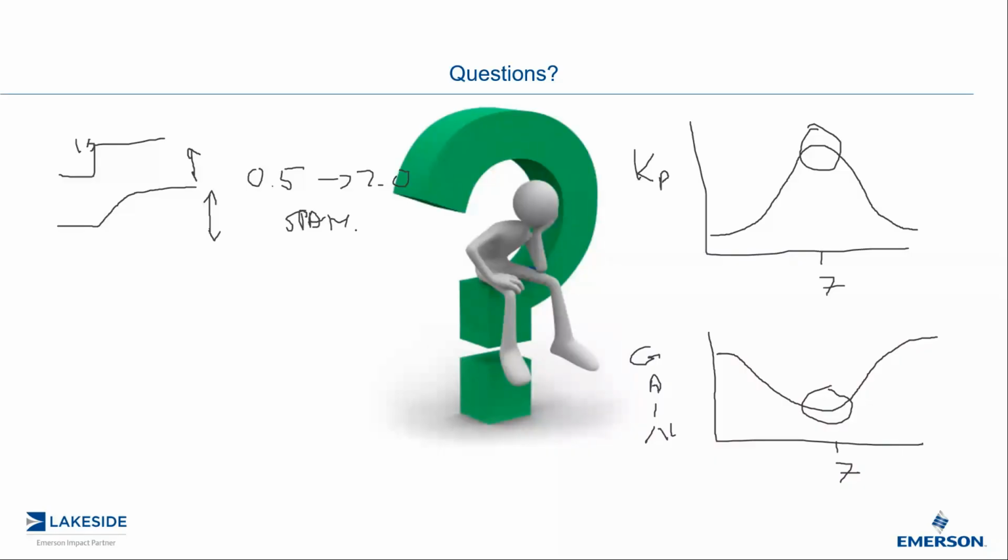Sometimes I see my process gain, my sensitivity, be 3, 4, or maybe 5. That means a 1% change causes a 5% change in my process. Very, very sensitive. So this person is asking, can you use adaptive tuning based on this situation? I can't tell you, though, no, you cannot.